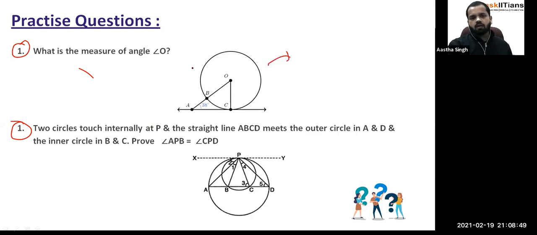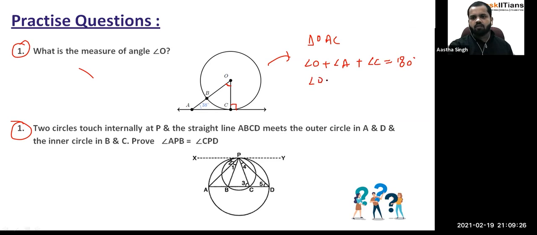So you have to measure the angle O. What will be the angle O? You know that this angle is 90 degrees. Why 90 degrees? Because the radius makes an angle of 90 degrees at the point of contact, or point of tangency, right? So in the triangle, angle O plus angle A plus angle C is equal to 180 degrees.